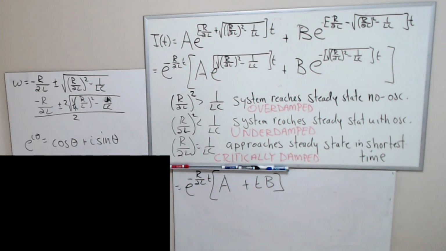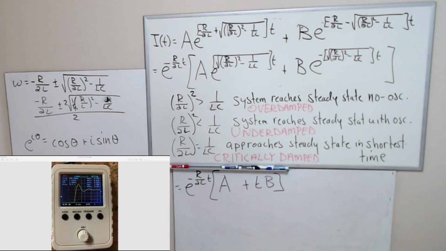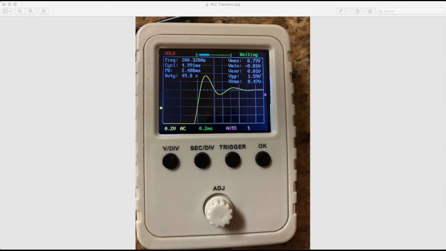All you got to do is show that you can do the underdamped case. I used the scope, although it's essentially the one you guys used. And I hooked up the underdamped circuit, and I put in a square pulse, and there is what I observed. And there you see the oscillation.